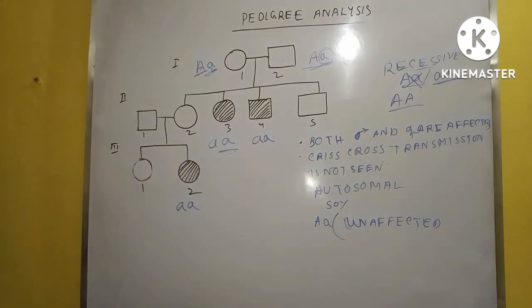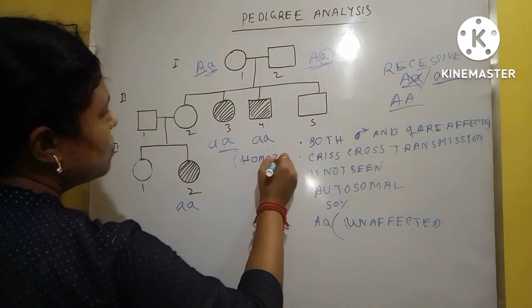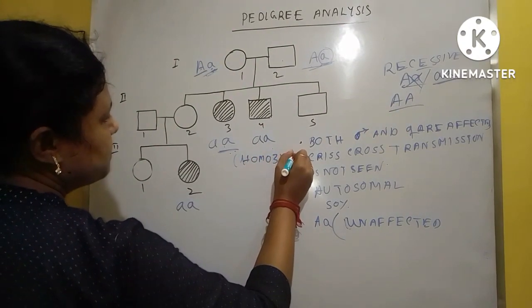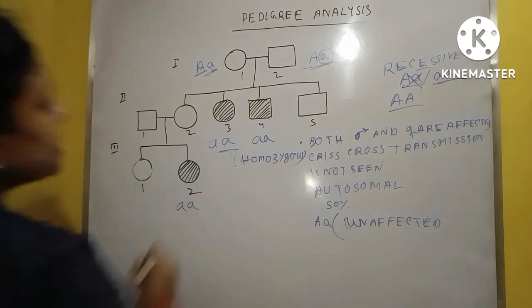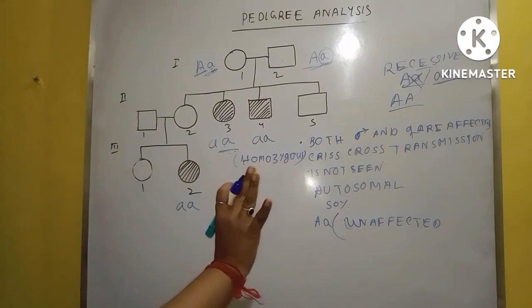In that way, they become diseased. Clear? They remain in the homozygous form. Otherwise, they would never be diseased.